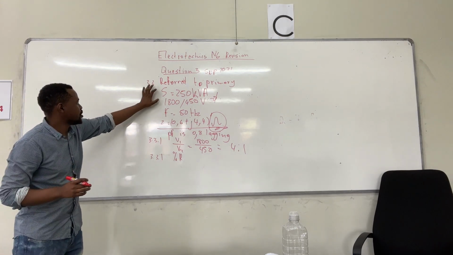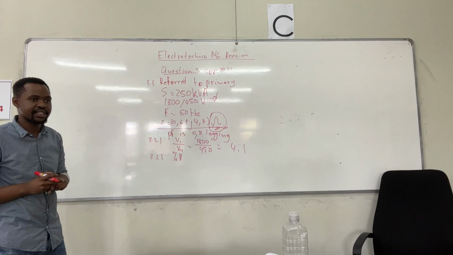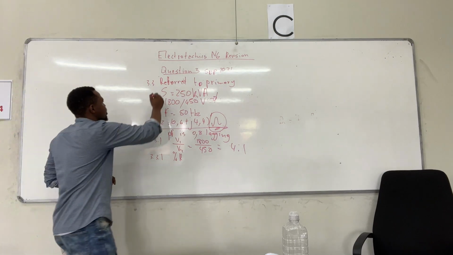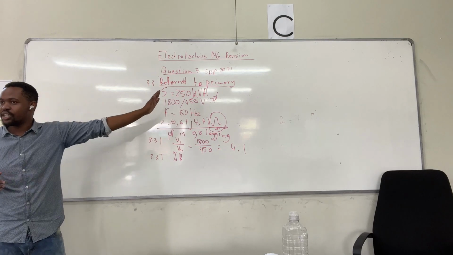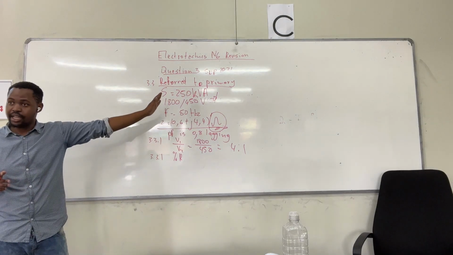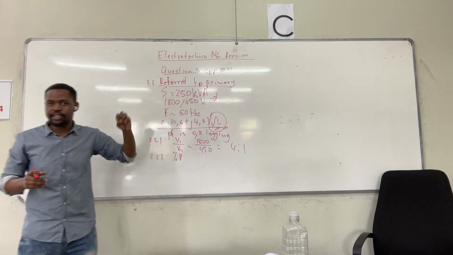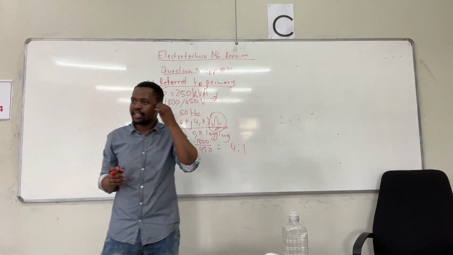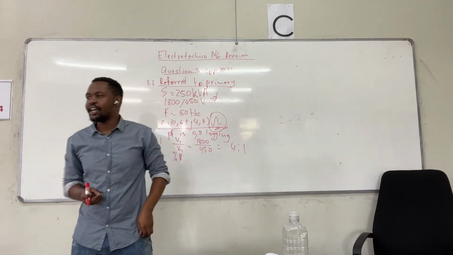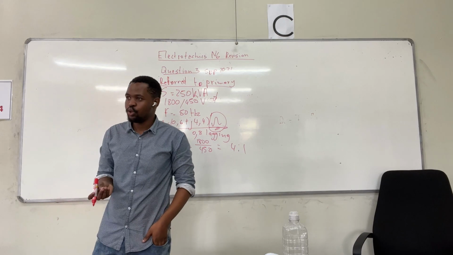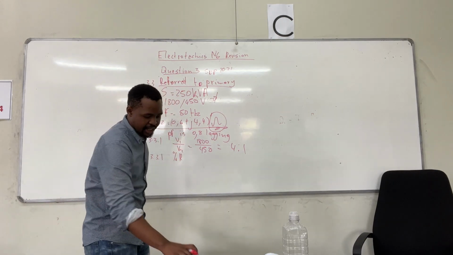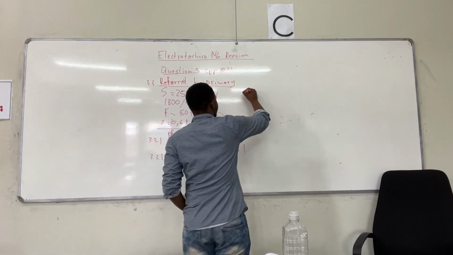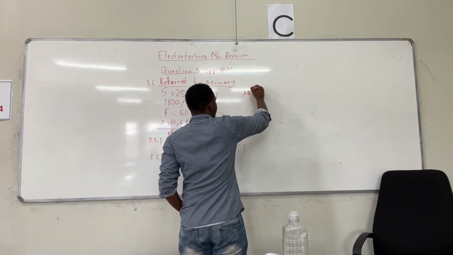Okay, we want to find the percentage resistance. Why have I referred to the primary side? That is why I was saying you must note the statement that says which winding you are referring to. So the formula that we're going to use is per unit resistance.